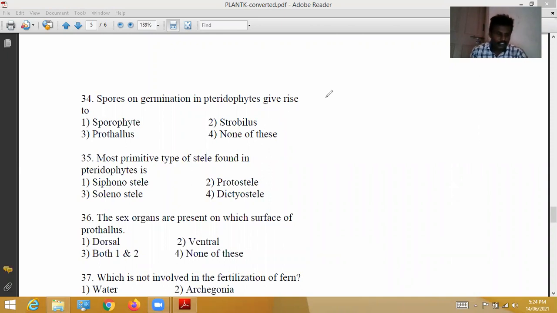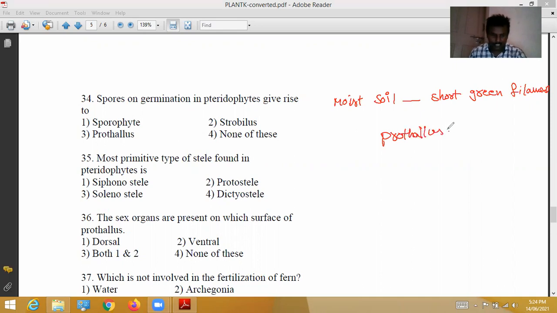Generally, in pteridophytes, when the spores fall on moist soil, they germinate into a short green filament. This grows into a heart-shaped structure called the prothallus, which is a gametophyte.